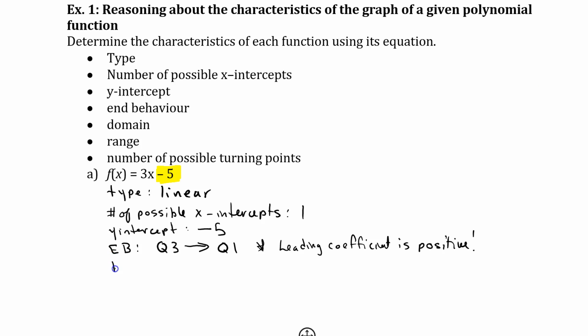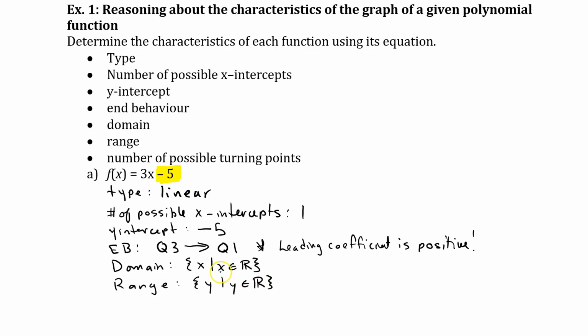The domain of lines is always going to be every single x value, so x such that x is an element of the reals. Our range is very similar: y such that y is an element of the reals.